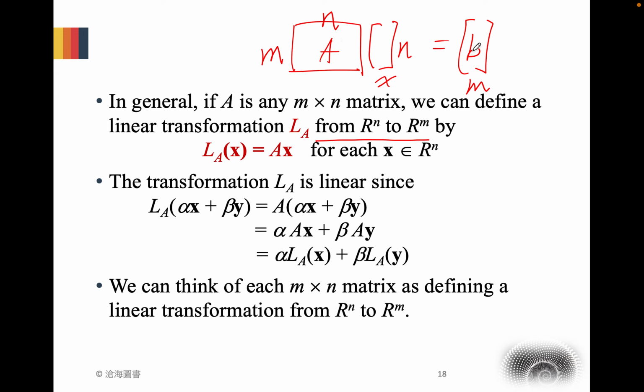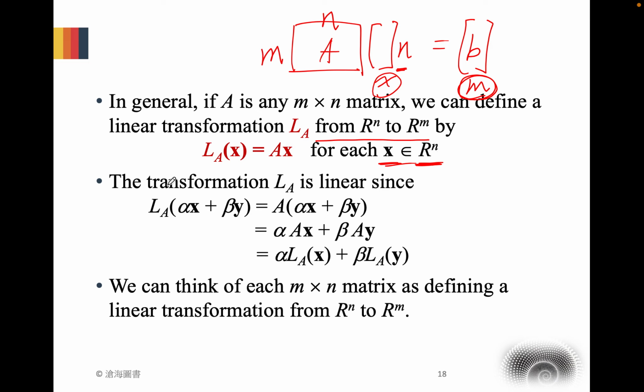Ax equals b, so it transforms an n-dimensional vector x into an m-dimensional vector b, where each x is in Rn.